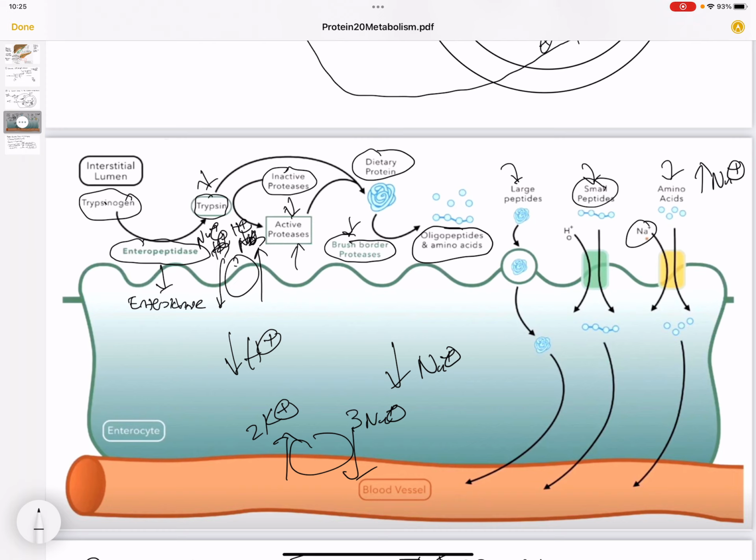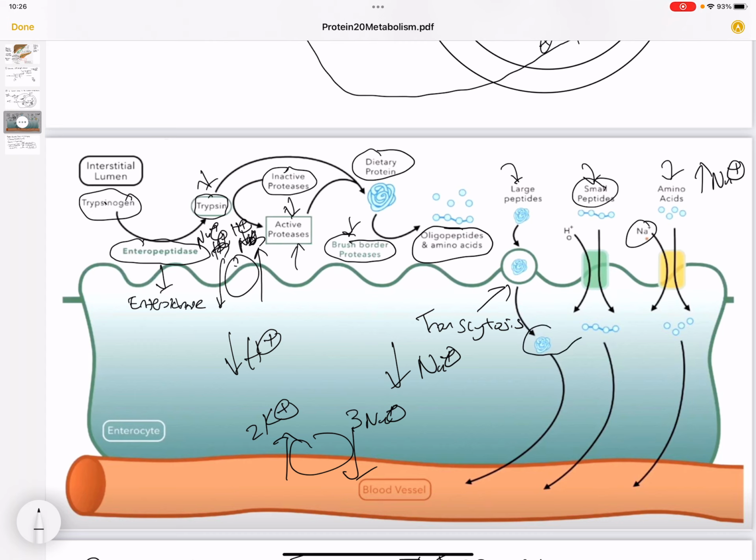And large peptides are going to be able to enter the enterocyte through a process called transcytosis, which is essentially the engulfing of the peptide.